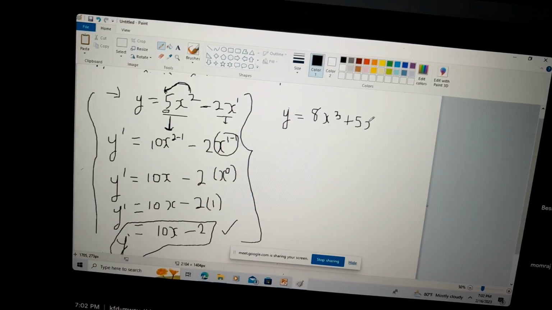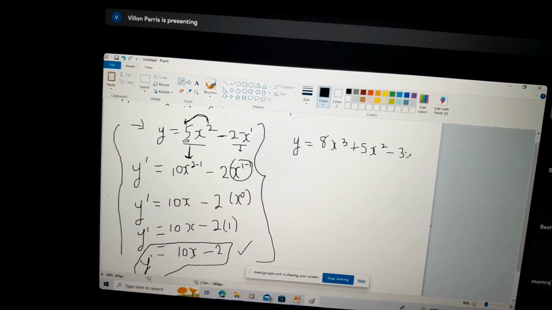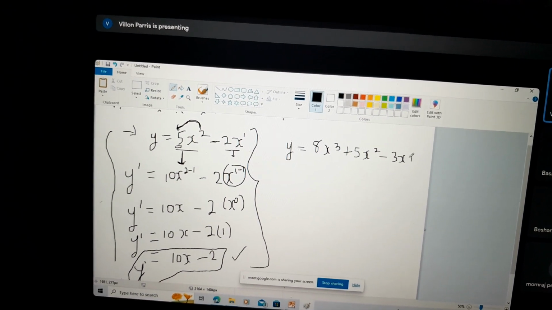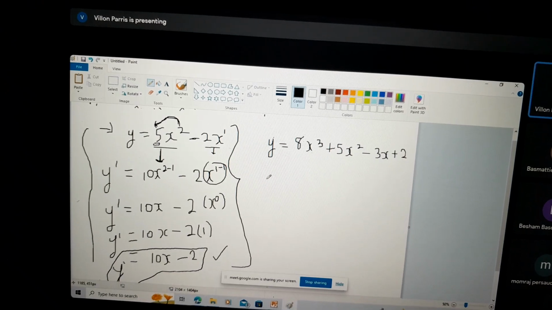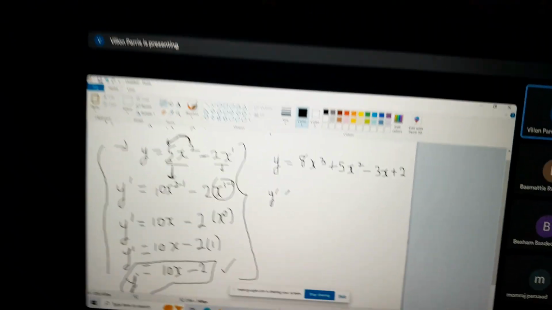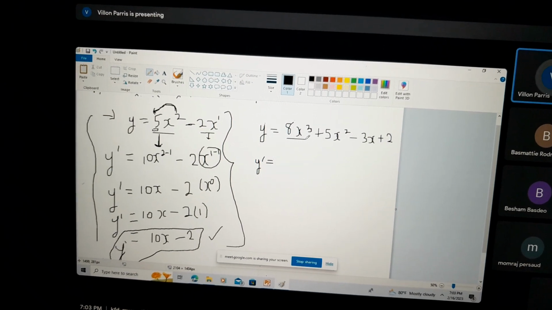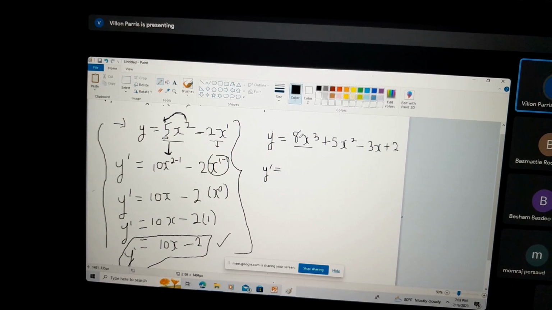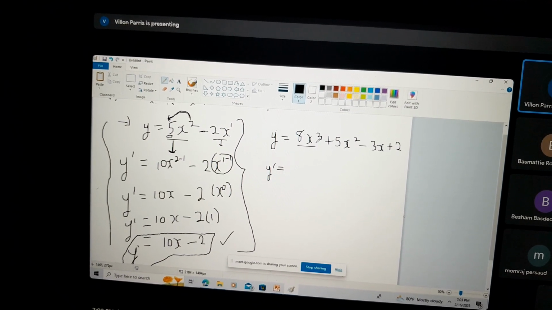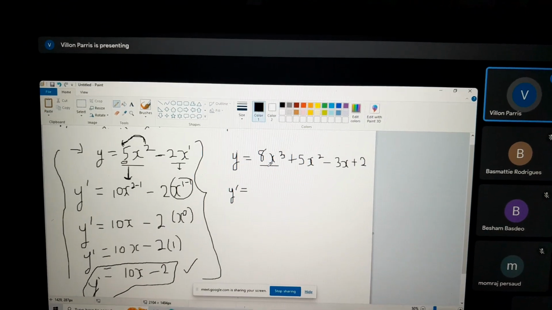That's 8x cubed plus 5x squared minus 3x plus 2. Right. So let's take each term. I want a different person to tell me the answer. We're applying the power rule. So I want someone to give me this first one. What will it be?